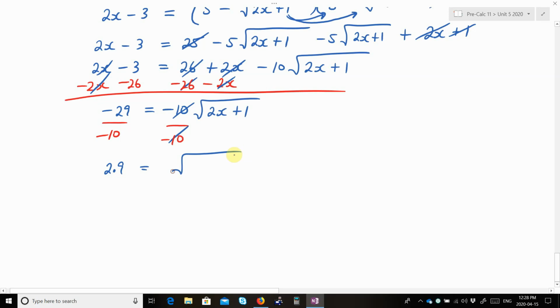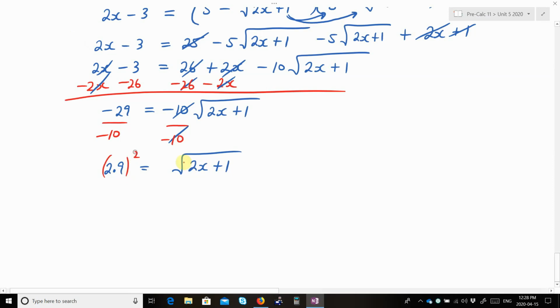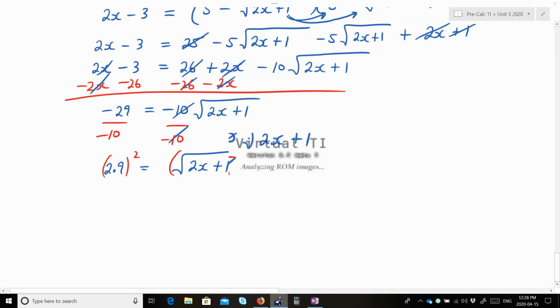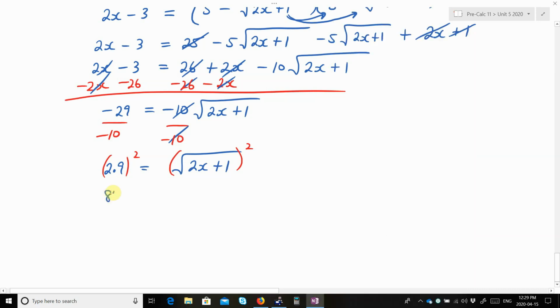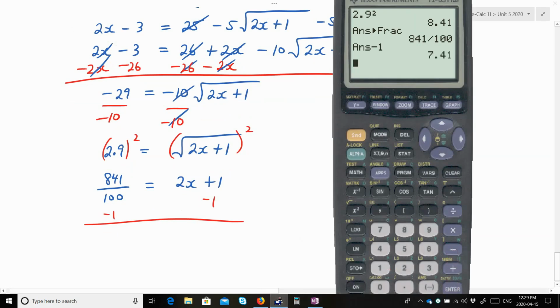Let's just go 2.9 for now, I guess. And now we have to square both sides. 2.9 squared is that, and let's math fraction that. 841 over 100 equals 2x plus 1. And then we have to subtract 1 from both sides. 841 over 100 minus 1 is equal to that.